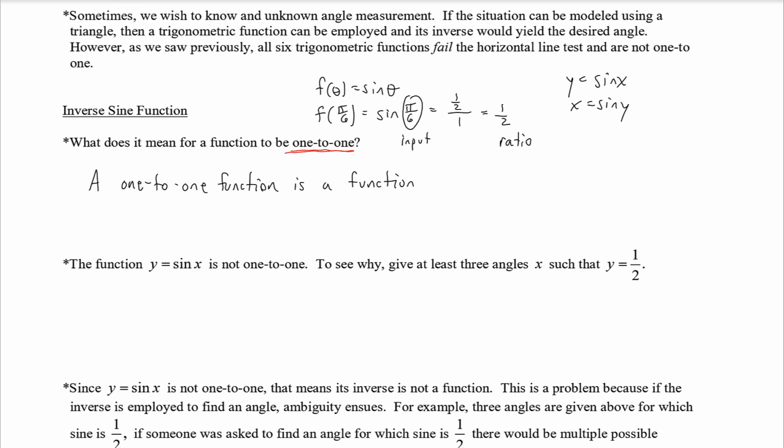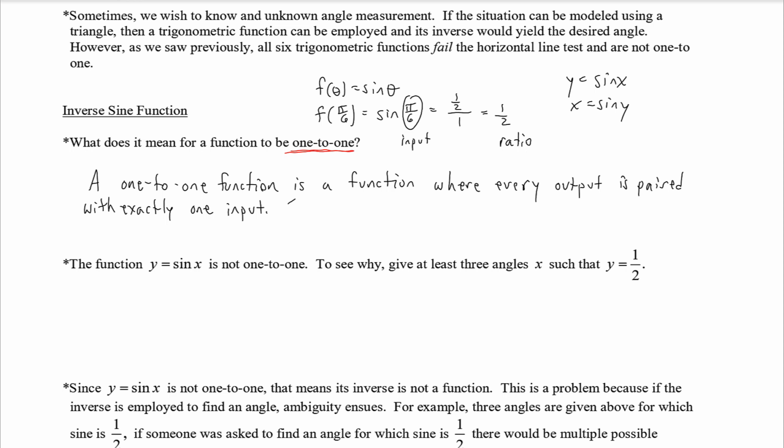It's called a 1-to-1 function, is a function where every output is paired with exactly one input. Now keep in mind though, it's a function, so that means every input is paired with exactly one output. Now we're saying along with that, every output is paired with exactly one input.